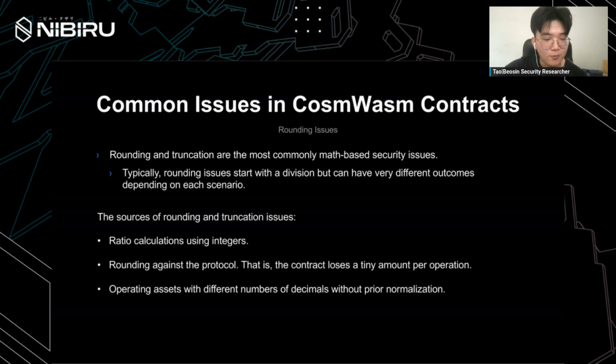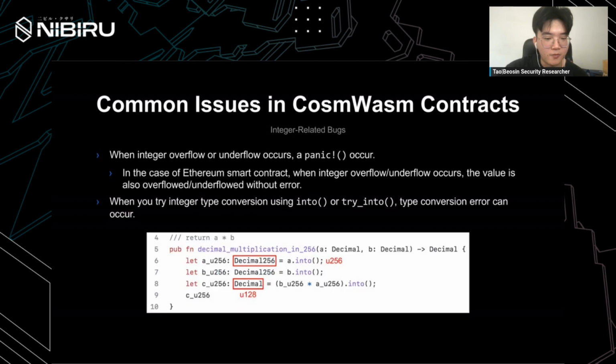And the third one is operating on assets with different numbers of decimals without prior normalization, just like our example before.